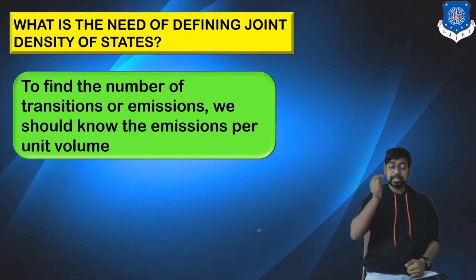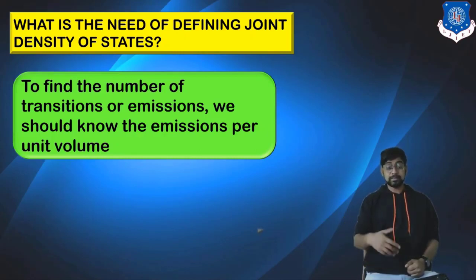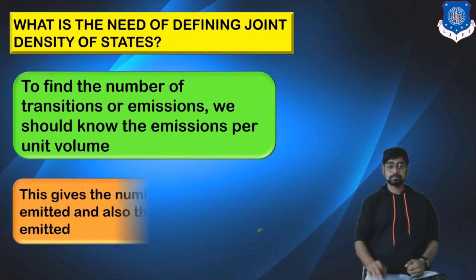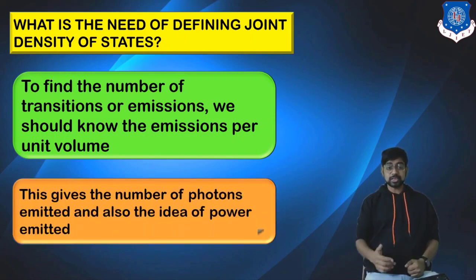From that we can get to know multiple data: for example, what is the emission, what is the intensity of the emission, how much emission has been done. That is why we need the number of transition emissions, so that we can get the emission per unit volume. This also gives the number of photons emitted and an idea about the power emitted through the transition.